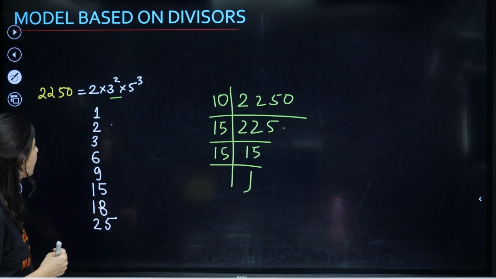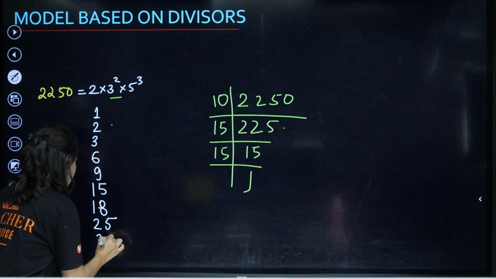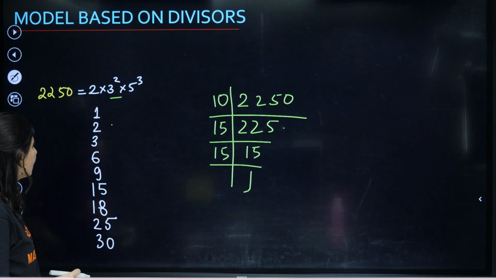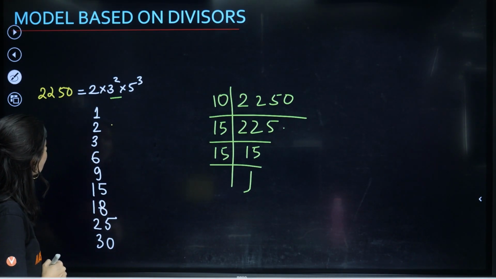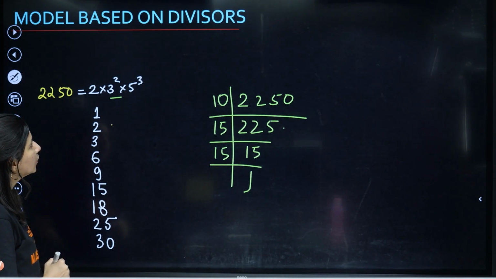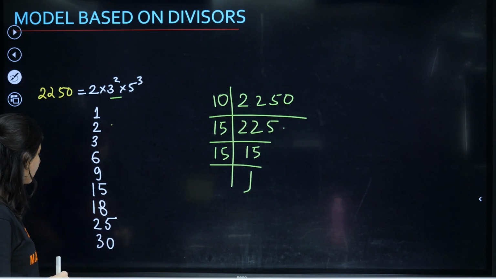Yes, 30 will be the answer. After 30, 35, no. 40, no. Then 75 directly. After 30, 60 will be the answer? 60 is 2 into 30. No, 60 will not be there.